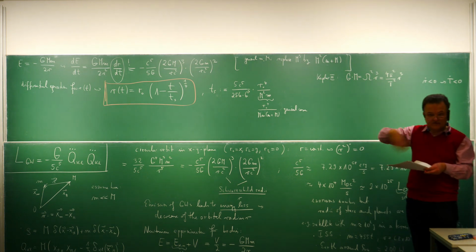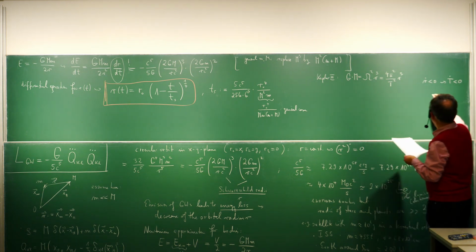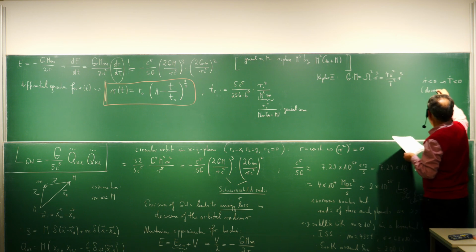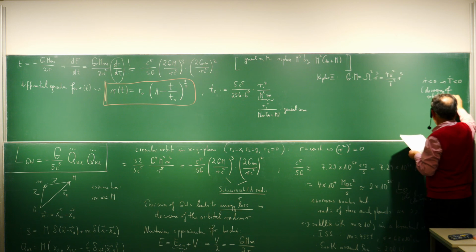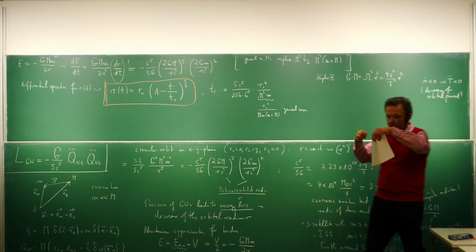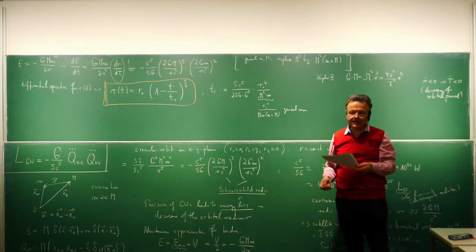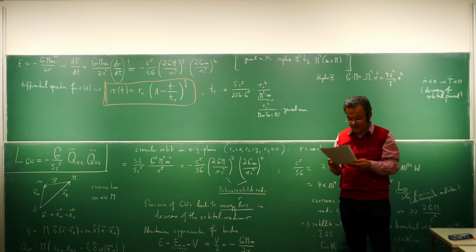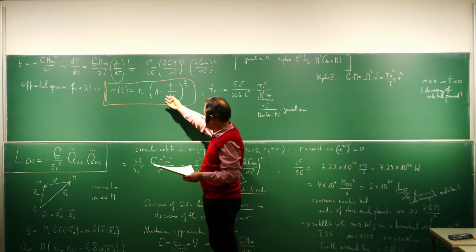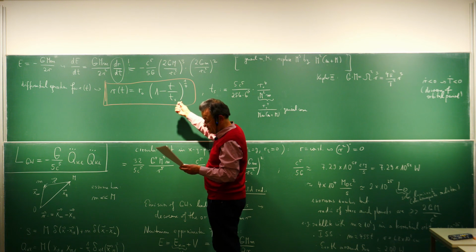So they move faster around each other. So they approach each other and become faster. So this becomes 0 in a finite amount of time.